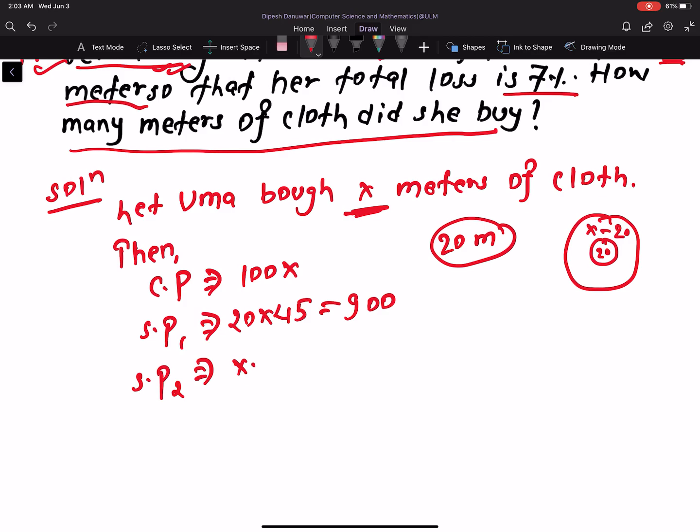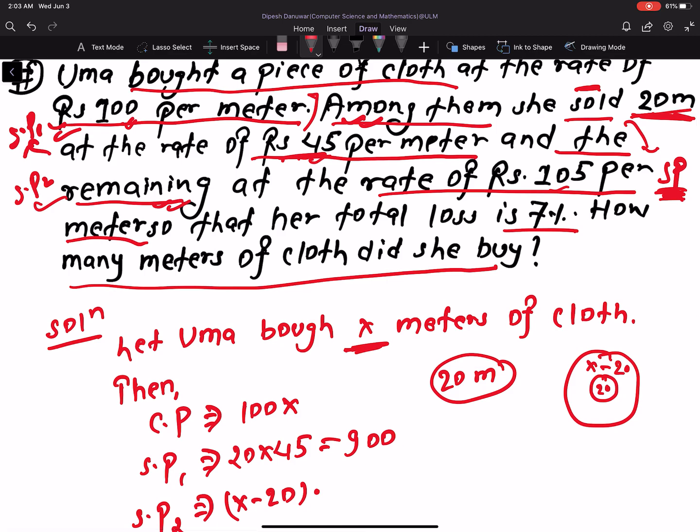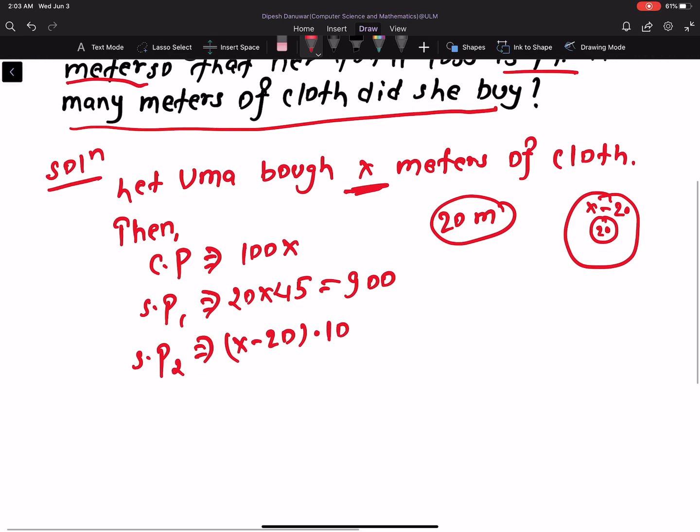X minus 20, that's the length, times the rate, which is 105. That will be 105X minus 105 times 20, so that is 2100.